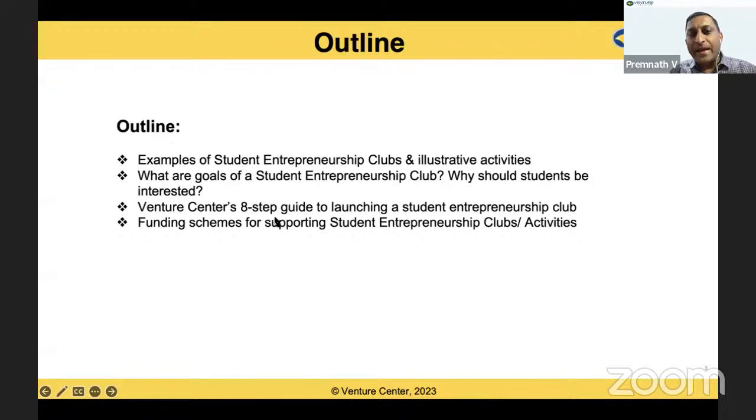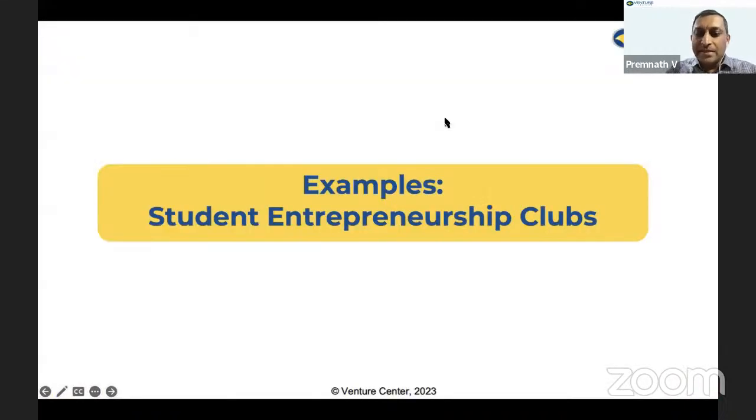Our 8-step guide to launching a student entrepreneurship club, we put it together because there was a request from some clubs which are remote trying to set it up, and some funding schemes briefly which support student entrepreneurship club and activities.